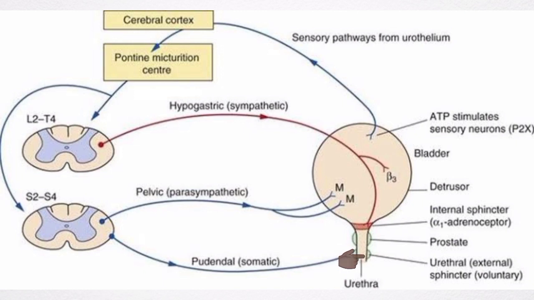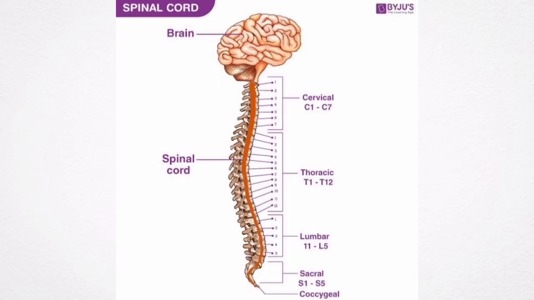Now that we know the structures and the receptors involved in micturition, let's look at what controls these receptors and structures. What actually controls them is the nervous system. The central nervous system includes the brain, the brainstem, and the spinal cord.